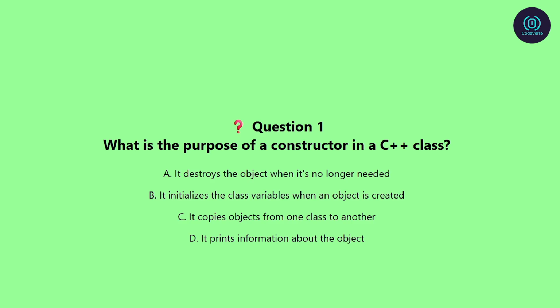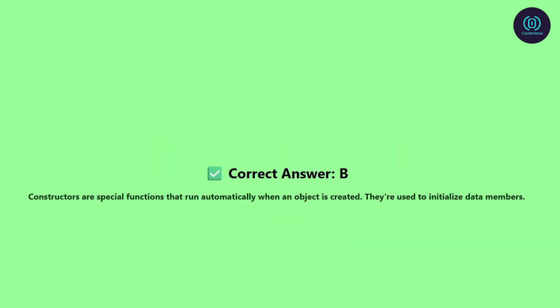B. It initializes the class variables when an object is created. C. It copies objects from one class to another. D. It prints information about the object. Correct answer, B. Constructors are special functions that run automatically when an object is created. They're used to initialize data members.